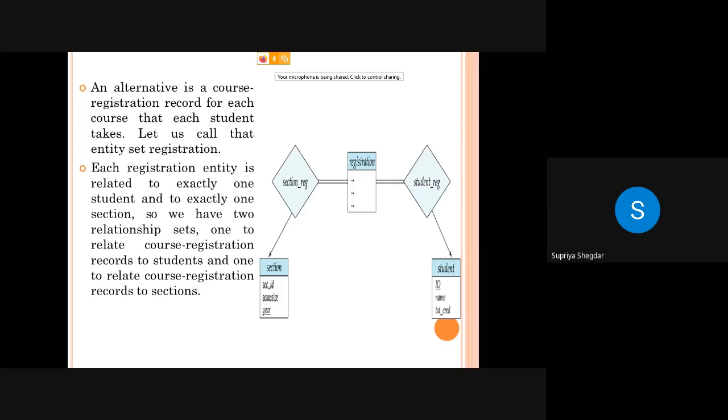To represent this, we can use two more relationships. The first is section registration between the section and the registration entity, and the other is student registration between the student and the registration entity.